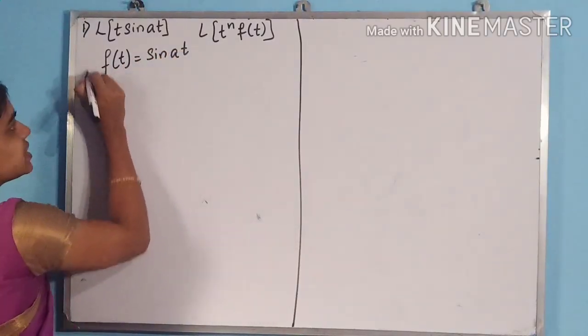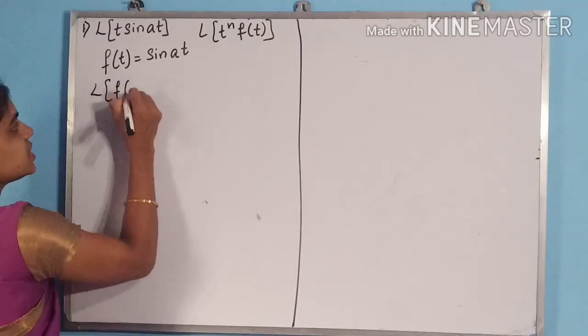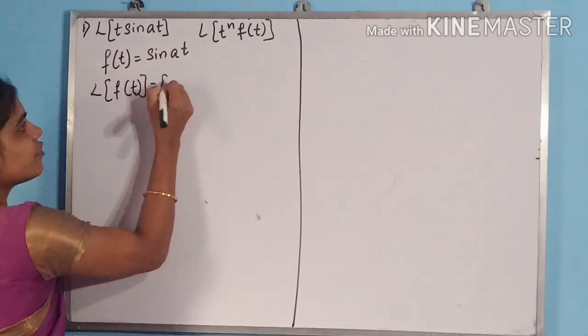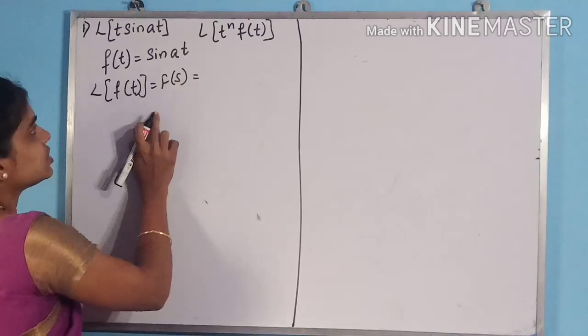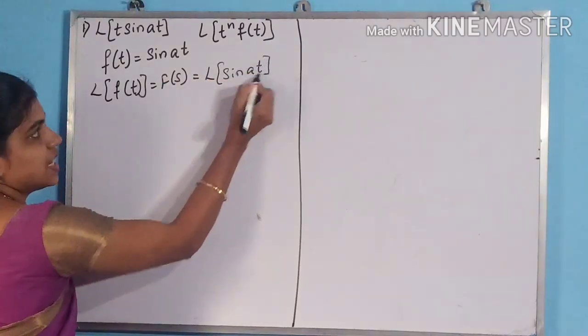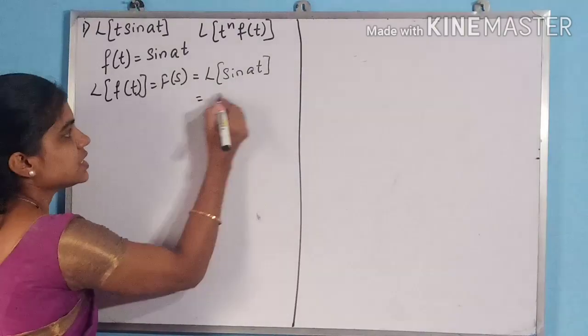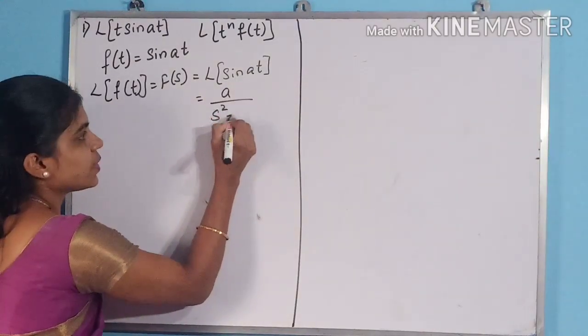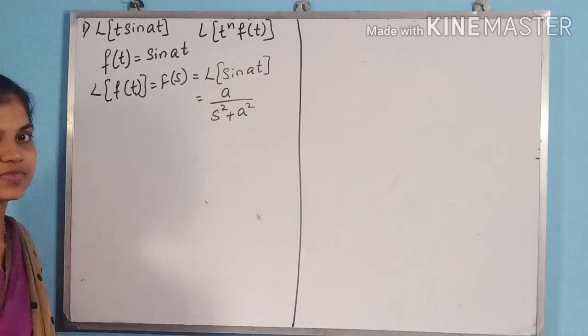So what is the Laplace transform of f(t)? That is equal to F(s), which is the Laplace transform of sin at, and that is a divided by s^2 plus a^2.